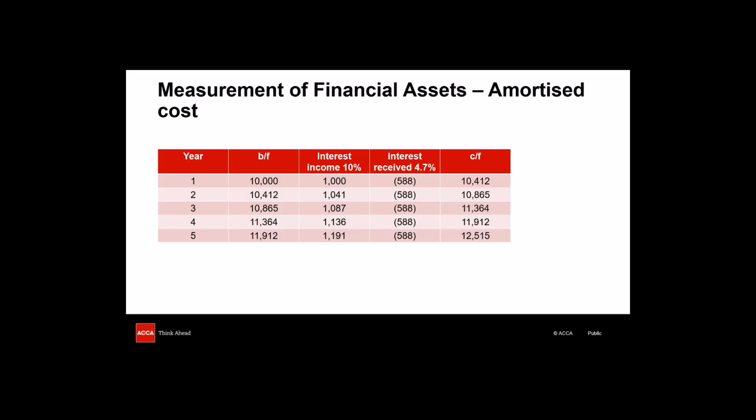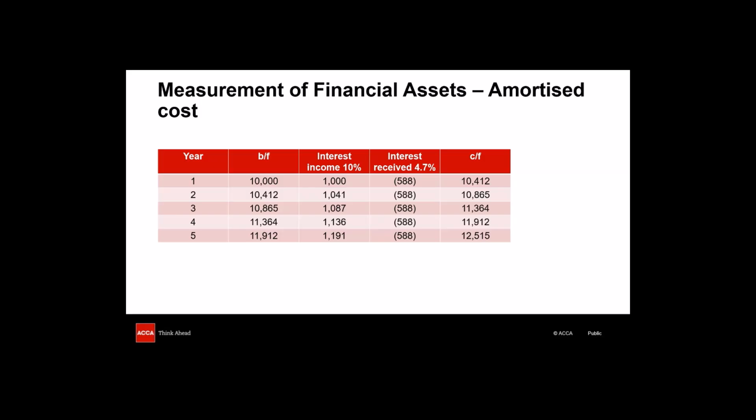So this is how effective rate of interest makes sure that the value of the instrument at the time of redemption is the same as its par value. In your particular exam, please be very careful about the year that the examiner is asking you to do the accounting for. You will not be required to make this complete schedule for 5 years because the examiner wants to test your concepts and not really your math skills.